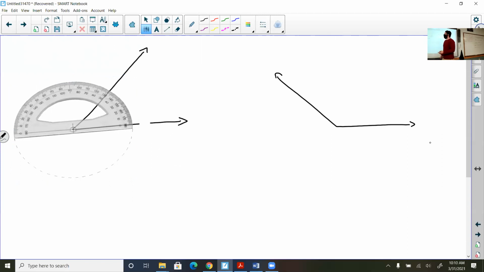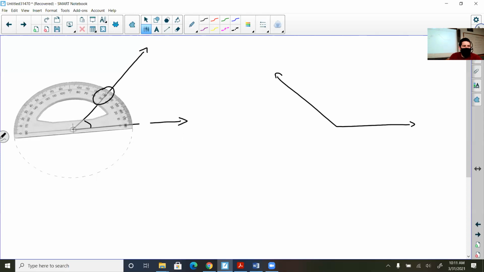So to measure how big this angle is, I'm going to look at my protractor and see what value it's at. Now my smartboard is pretty bad, so I'm going to go ahead and look at my computer, and it looks like it is just shy of 50 or 130 degrees.